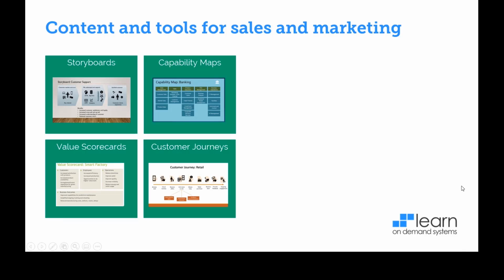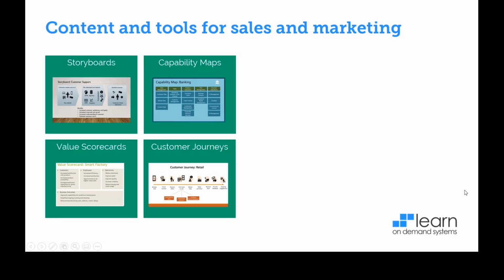There are many more that are used in a sales motion. We have storyboards for illustrating scenarios and architectures. We've created capability maps that identify business areas impacted by new ways of doing business. We have value scorecards, which help express the benefits of making changes.